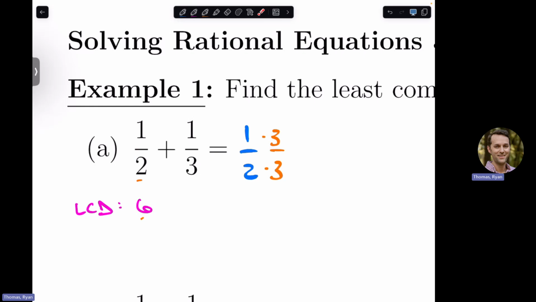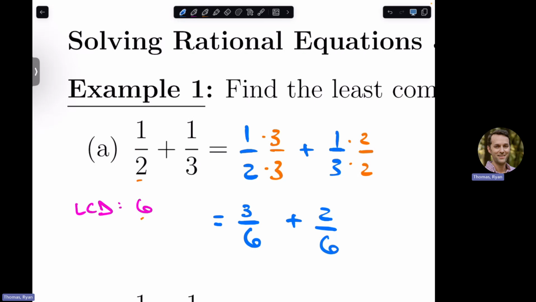If I multiply by that kind of 1 here, then I can figure out how to write 1/2 as 3/6. Sixths is hard to say. And then 1/3, we need to multiply by 2. So it's 2/6. Still hard to say.